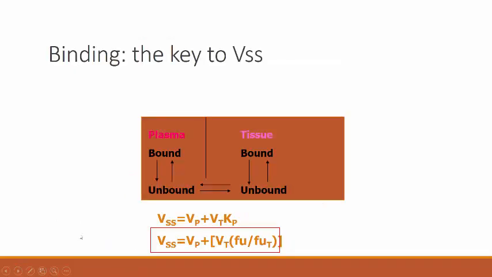Okay, so this, I think, is a much easier rendition of what is actually happening. So this is your plasma compartment. This is your tissue compartment. Drug will be introduced to the plasma, and it will either be bound to plasma proteins or it will be unbound from plasma proteins. Now, remember, plasma proteins are proteins.